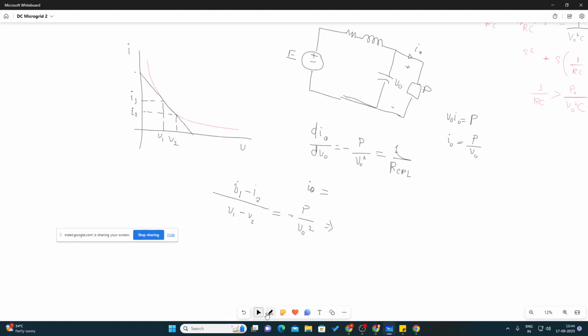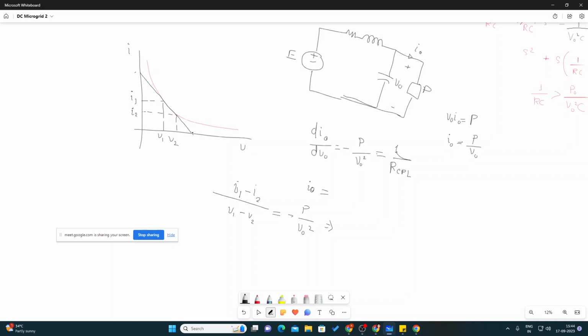Now the slope is known, but how to find out the intercepts made by the straight line?